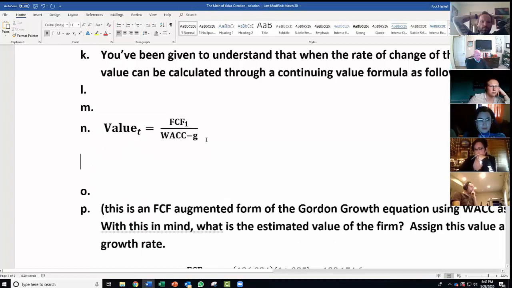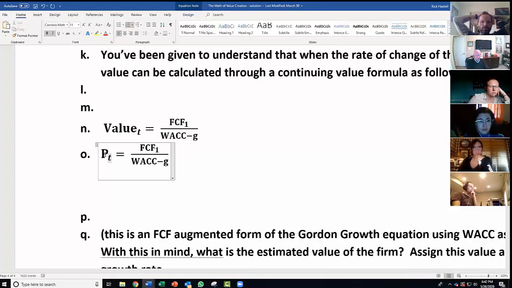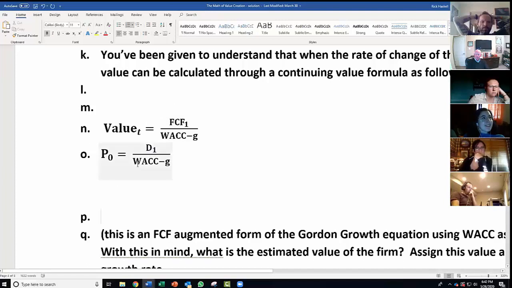It looked like this, and it was P0 is equal to D1 divided by R minus G. Does anyone remember seeing that equation in one of your earlier finance or economics classes?